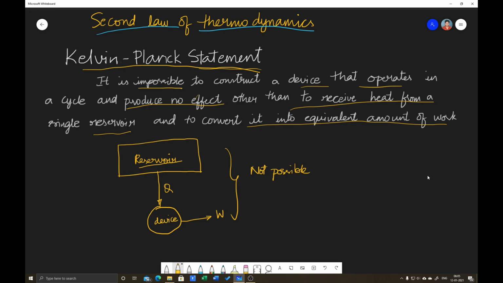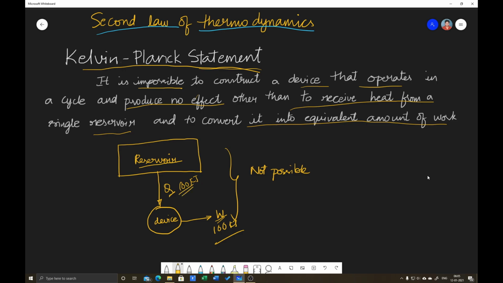So here what he is saying is, there is a reservoir and you are taking heat from the reservoir, and there is a device which converts this heat into work. That means if it takes 100 kilojoules of heat, it is producing 100 kilojoules of work. He is saying this is not possible.